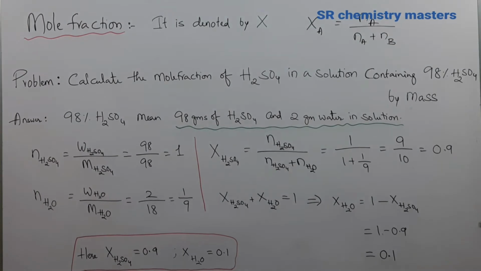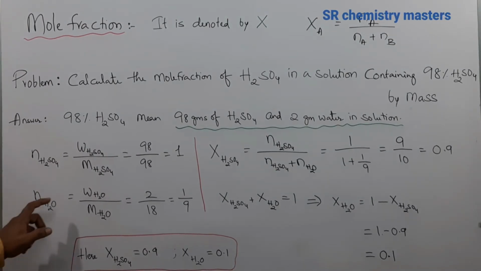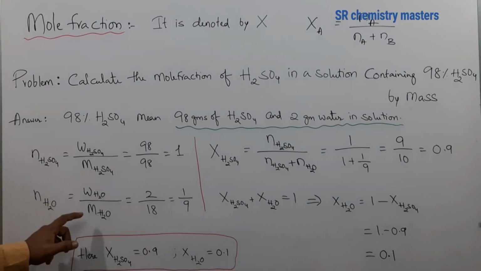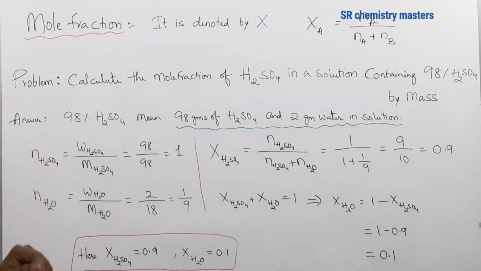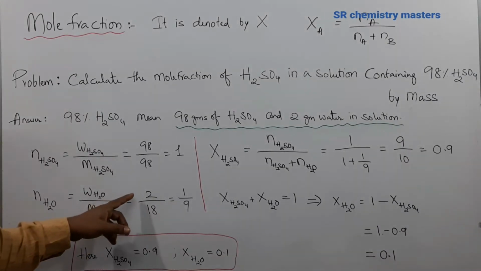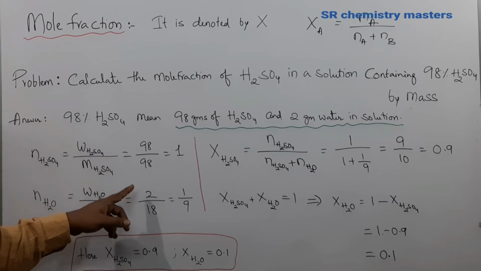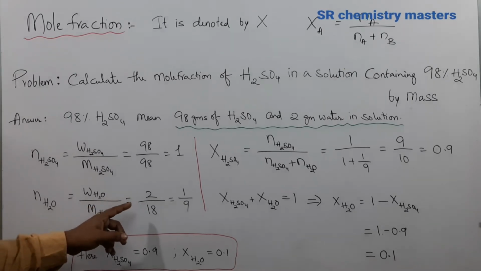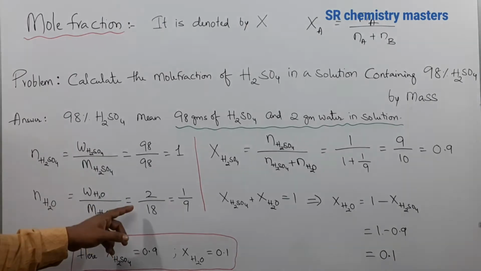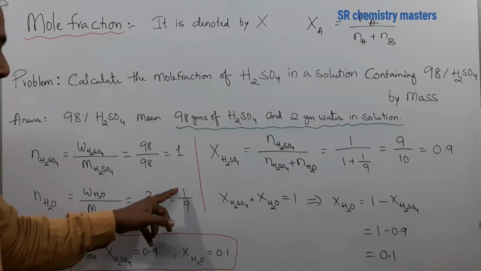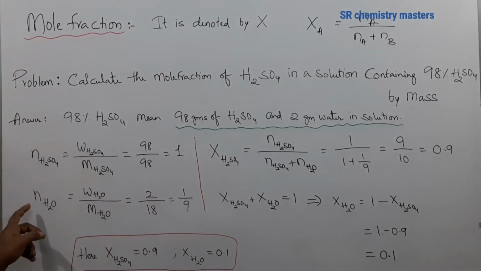On the other side, the number of moles of H2O is equal to the weight of H2O by the molar mass of H2O. In the question the weight of water is given as 2 grams, and the molar mass of water, as you know, is 18, which on solving gives 1 by 9, the number of moles of water.